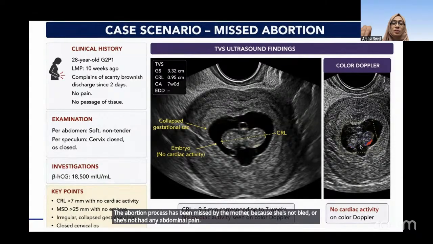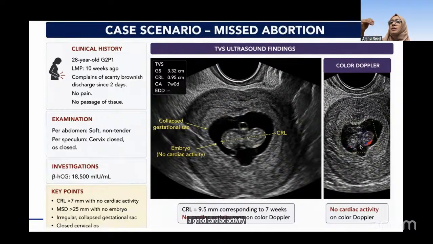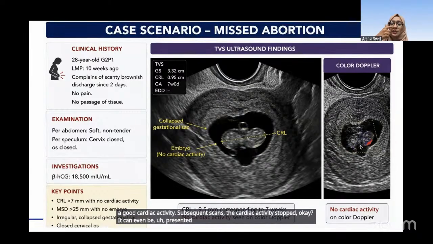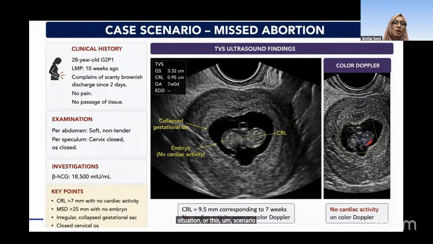Most of the time it can even be like this: the first scan showed good cardiac activity, and in subsequent scans the cardiac activity stopped. It can even present in that way.